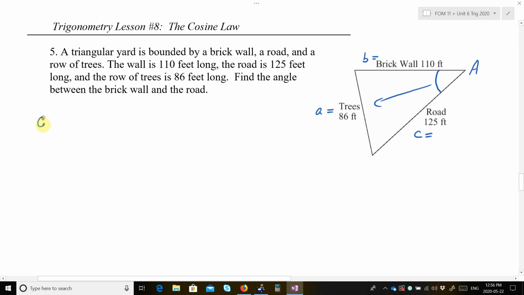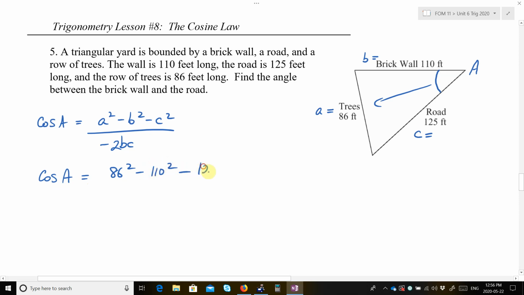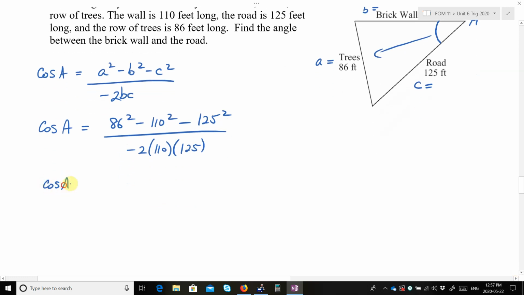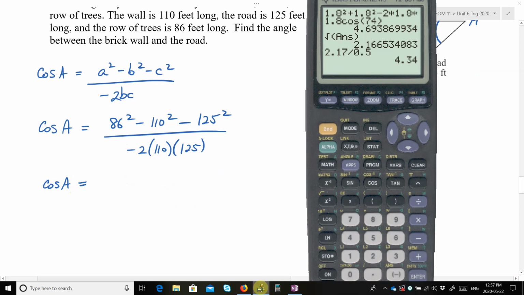So to get that angle, remember the formula for cos A is A squared minus B squared minus C squared divided by negative 2BC. And cos A is equal to A is 86, B is 110, so 110 squared, minus C is 125, so 125 squared, and negative 2 times B is 110, C is 125. So cos A ends up equaling this.